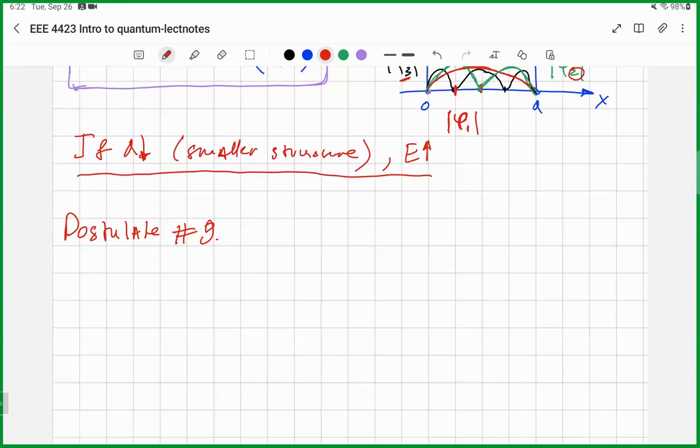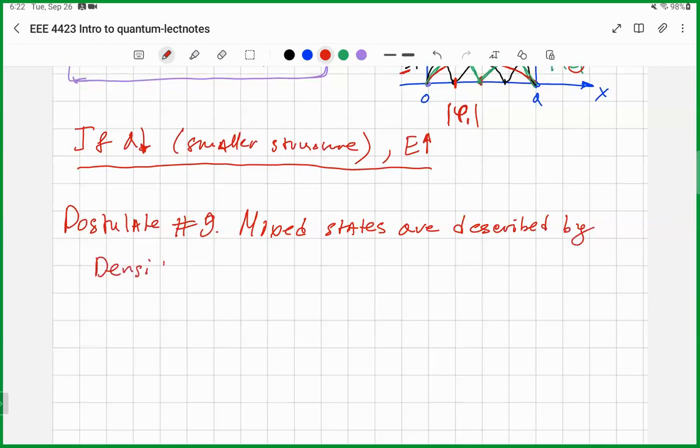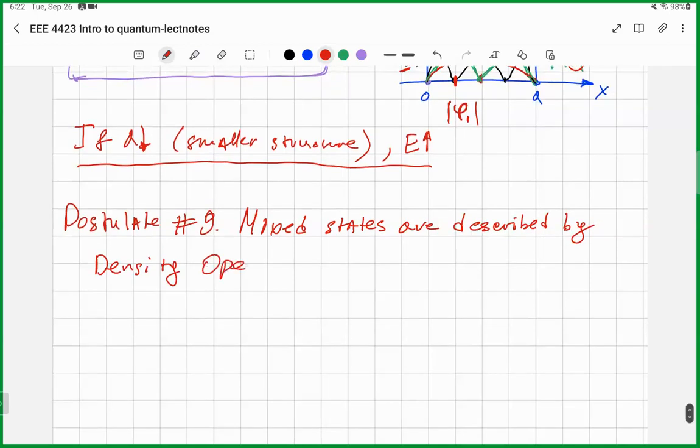And this is about mixed states and their description. Mixed states. Let's formulate it this way: mixed states are described by the density operator.